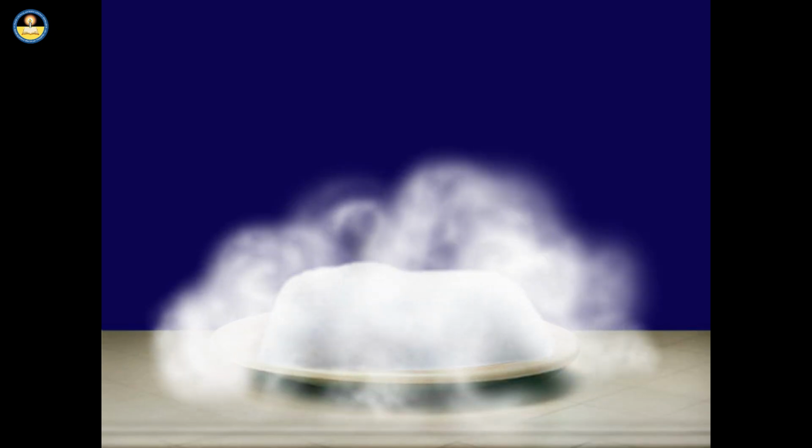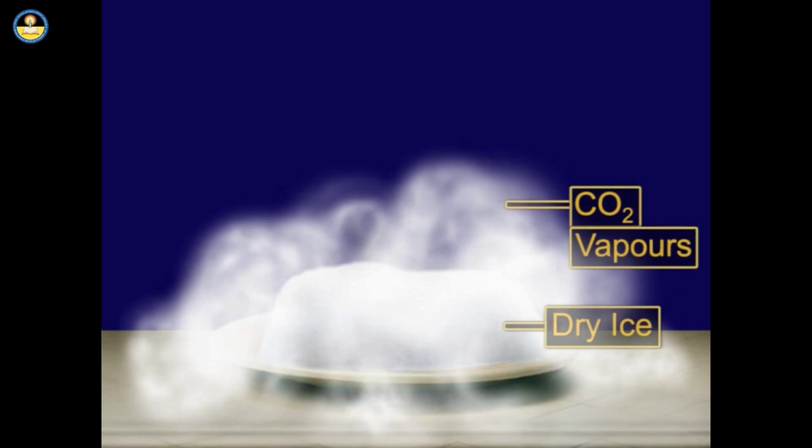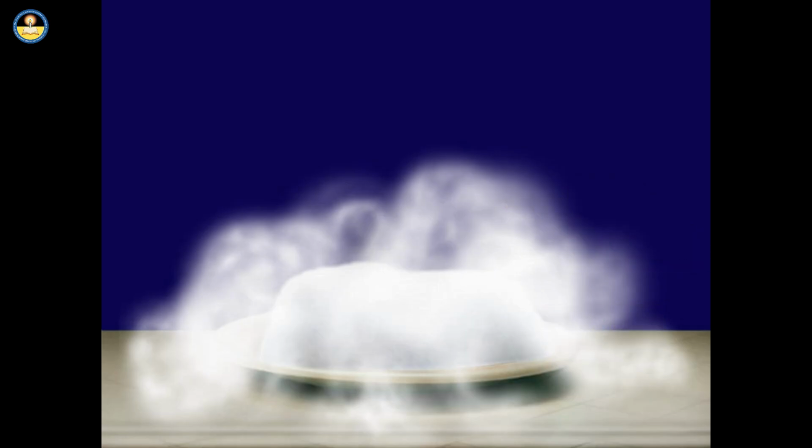Solid carbon dioxide is known as dry ice because it does not melt but sublimes at atmospheric pressure and a temperature of minus 78 degrees centigrade to form gaseous carbon dioxide.